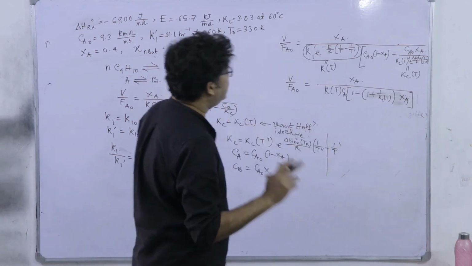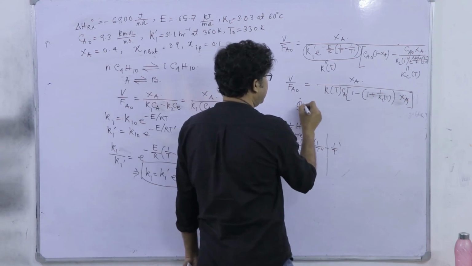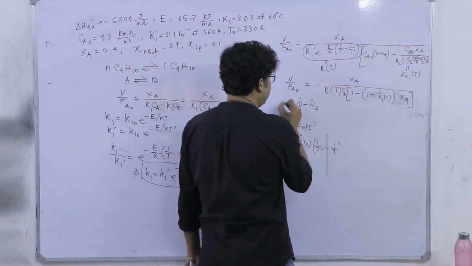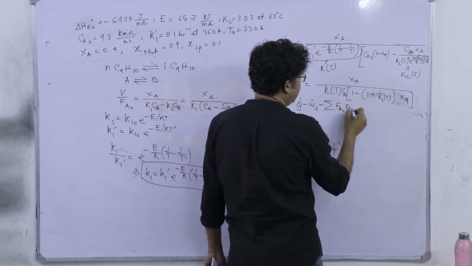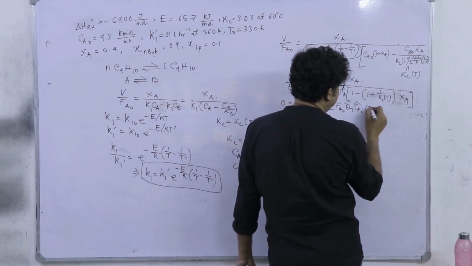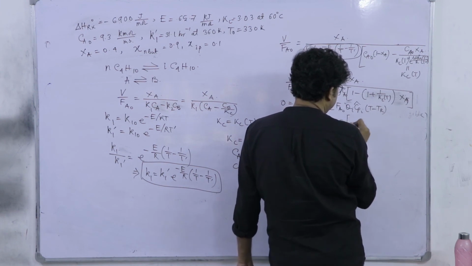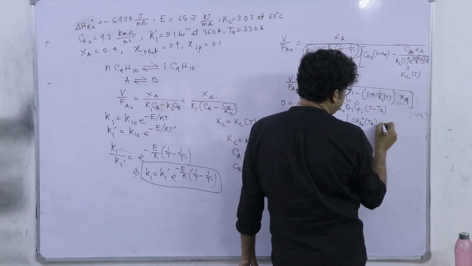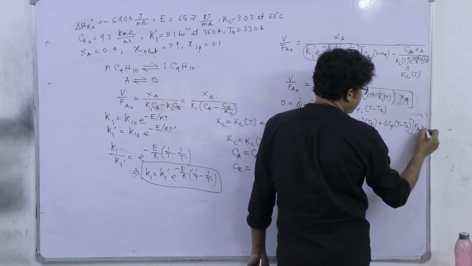Right. Next, we have to consider the energy balance. So, it is Q dot minus W dot S equal to minus summation Fa naught theta I Cpi into T minus Tr minus delta H Rx naught at Tr plus delta Cp into T minus Tr whole bracket Fa naught into Xa.